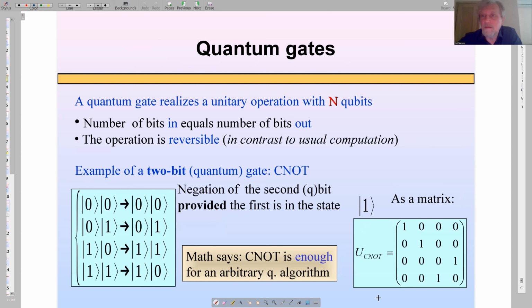Let me talk about quantum gates. It's not such a self-explaining term. It is taken from classical computers. As far as quantum gates are concerned, it's a unitary operation, an operation on the wave function which involves n qubits.